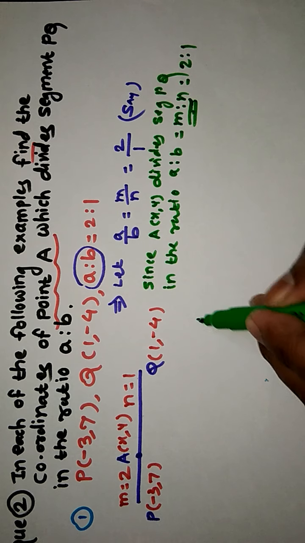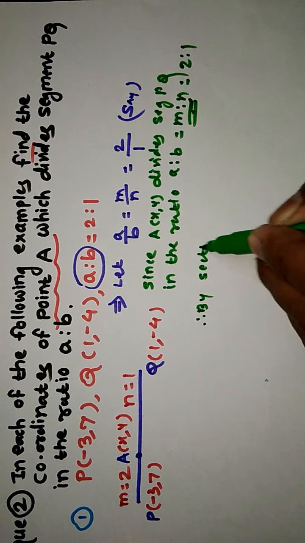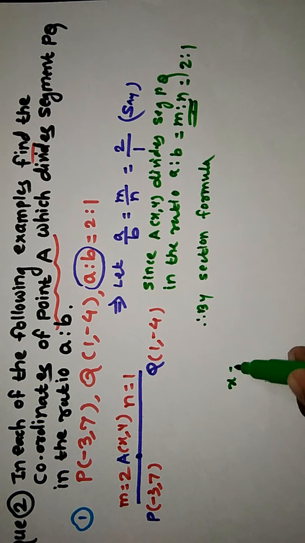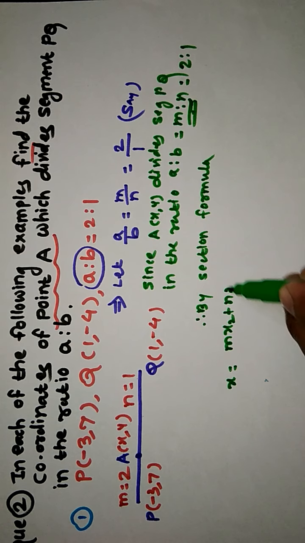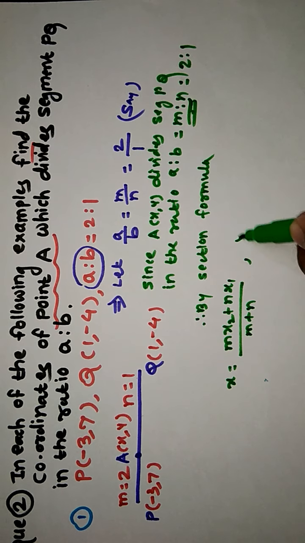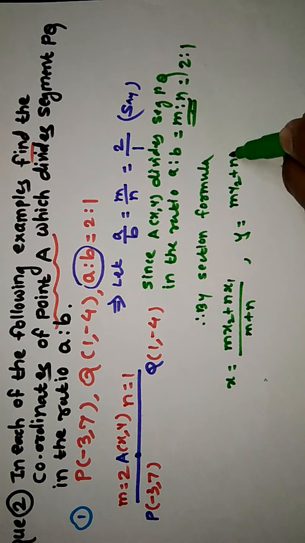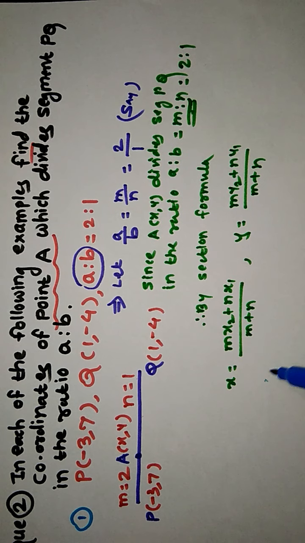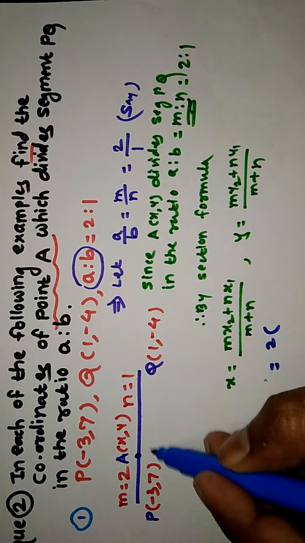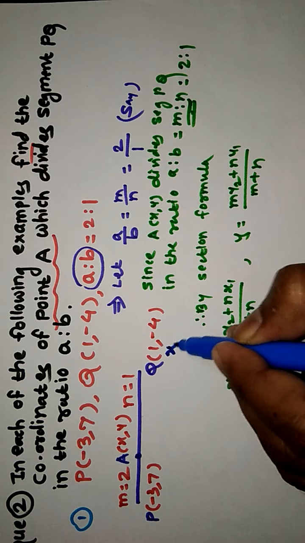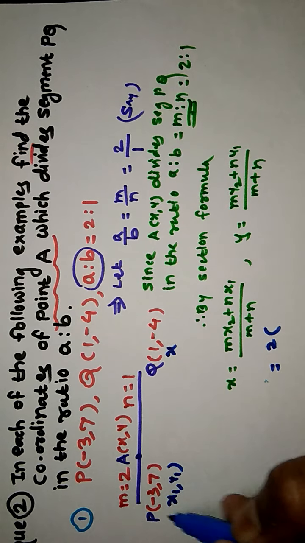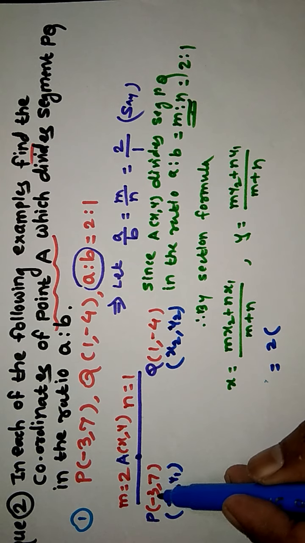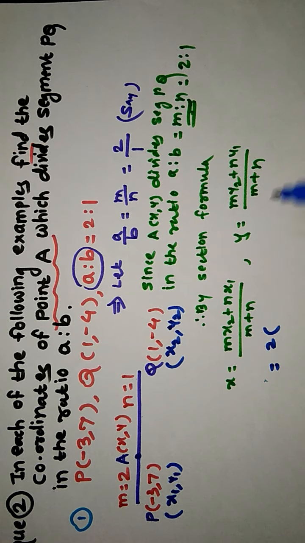Therefore, the section formula: x is equal to (mx2 plus nx1) divided by (m plus n), y is equal to (my2 plus ny1) upon (m plus n). Now substitute the values of m means 2 into x2. Here, P points means x1, y1, Q points means x2, y2. First you write down here the coordinates of points P and Q represented by x1, y1 and x2, y2 respectively.